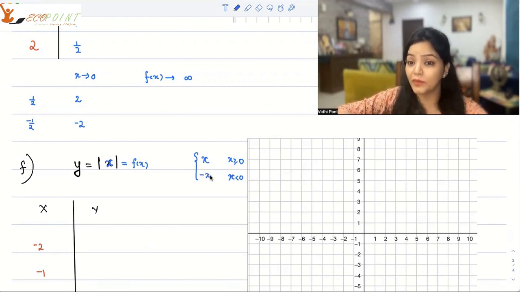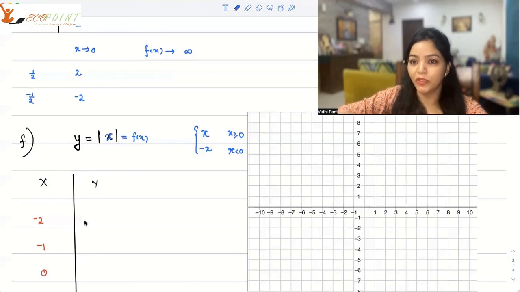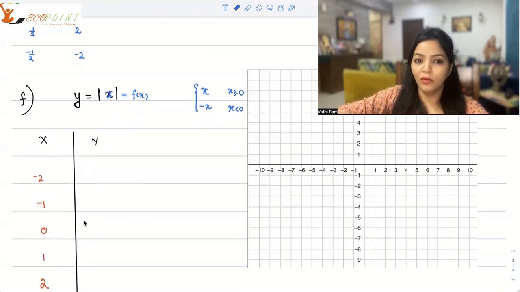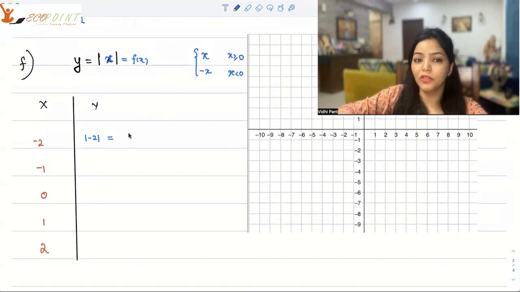So we are interested in the absolute value. Absolute value in that sense means that you're not bothered about the sign. We're just talking about the value. In another way, it is basically the distance from the origin. But for now, just try to understand that for absolute value, you're not bothered about the sign. You want just the value. So for example, if you take minus 2, as I mentioned, if x is negative, then take minus of that value.